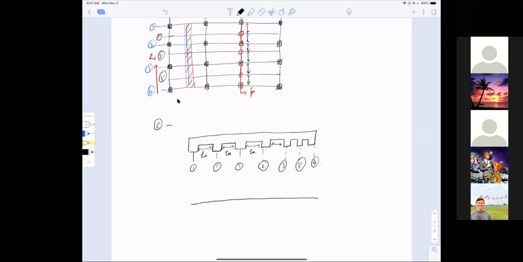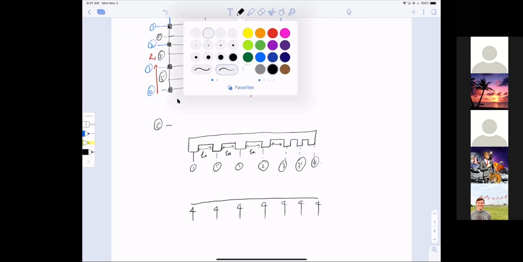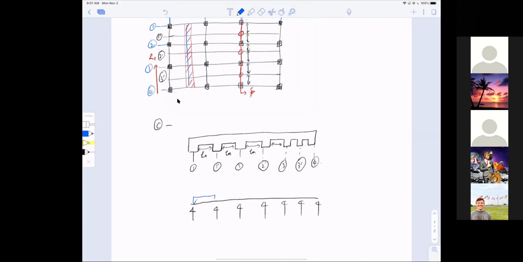Remember, simplify this into reaction, reaction, reaction, and we say, let me use different color, we have this omega u on top of it, right?